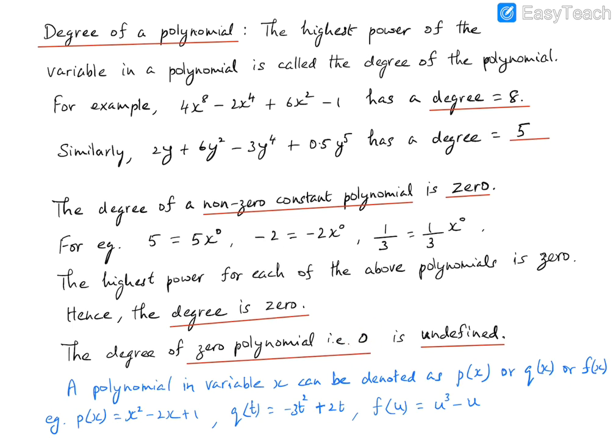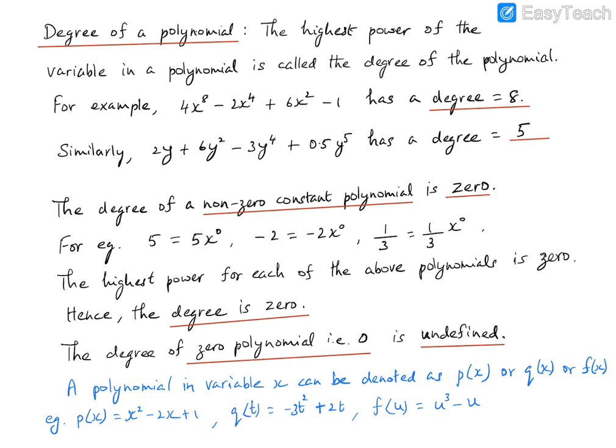So therefore we simply say that the degree of the 0 polynomial is undefined. Okay, there is no degree for the 0 polynomial. But if it's a non-zero constant polynomial, then the degree for the non-zero constant polynomial is 0. But for the 0 polynomial itself, the degree is undefined.